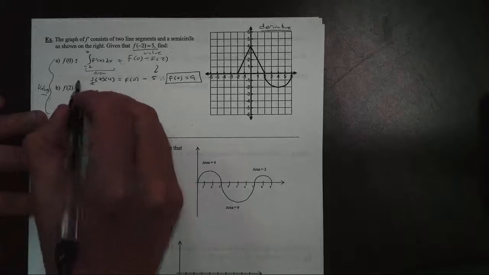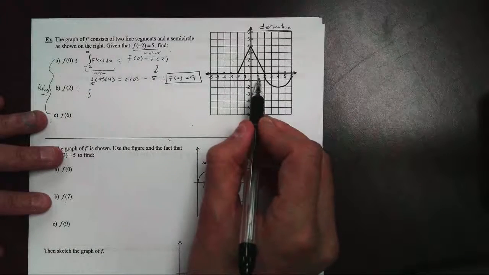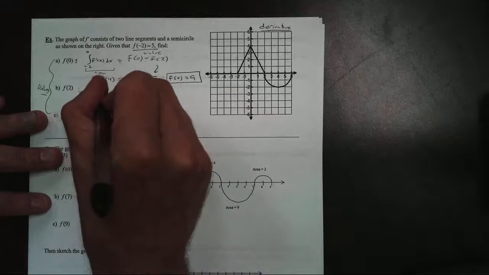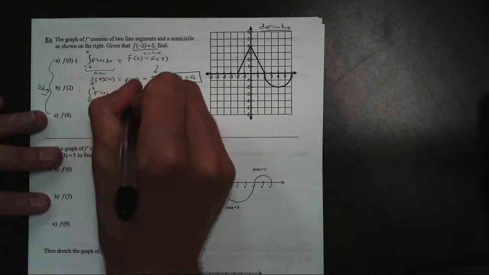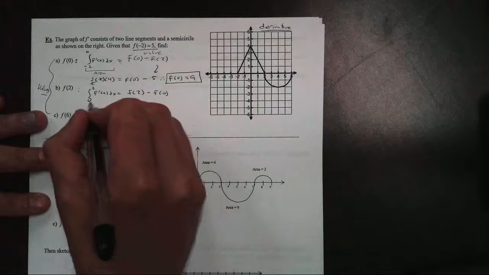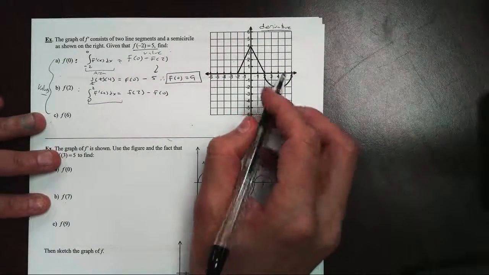So if I go and try 2, same idea. Now I could start again at -2, go all the way to 2. But since I just found 0, I'm going to start at 0 to 2. The integral of f prime of x dx, that's going to equal f of 2 minus f of 0. And again, I'm looking for this area between 0 and 2. It's a triangle.